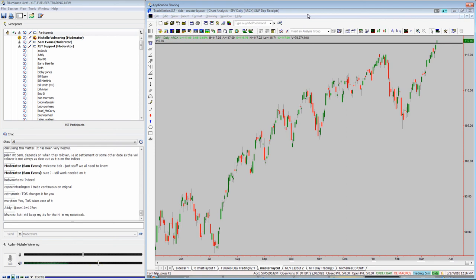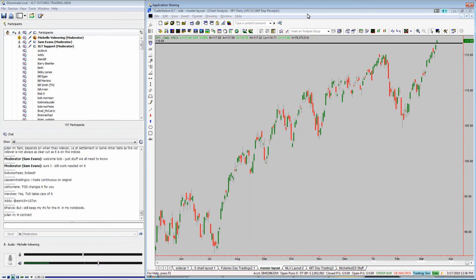Or, as you're trading this new contract, are they a reflection of the new contract, or of the old contract's historical levels? Absolutely.